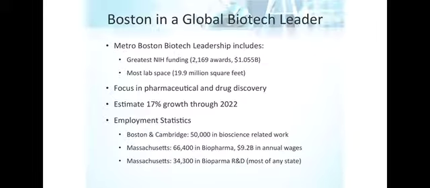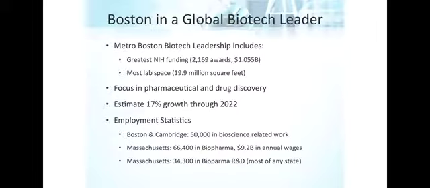So again, the statistics will vary, but they're both very strong areas. And looking at the growth that's estimated in Boston, it's about 17% through 2022. Maybe not as fast as in recent years, but something that's consistent. So there's always going to be a need for people, Kristen, doing the things like we do.